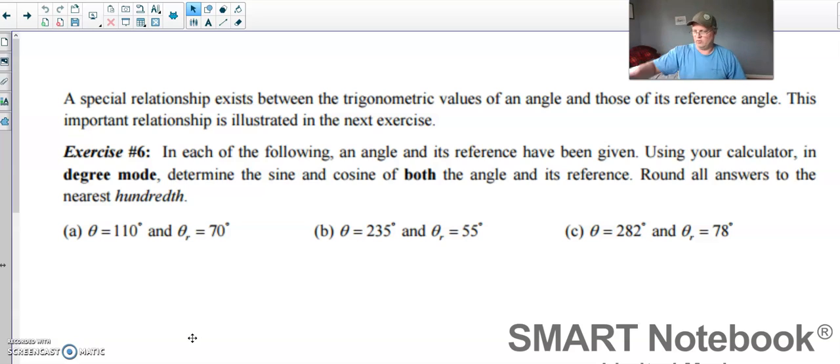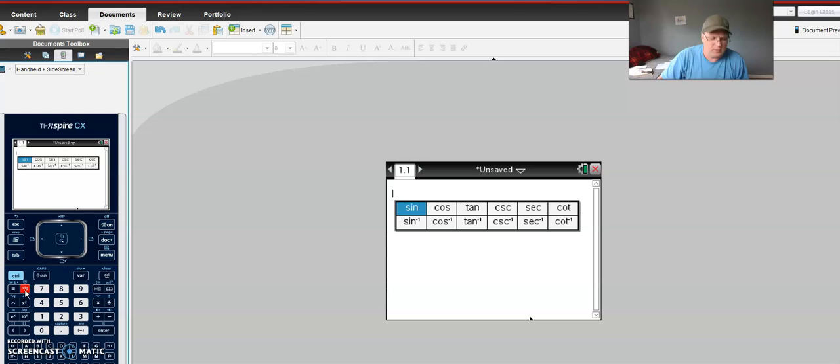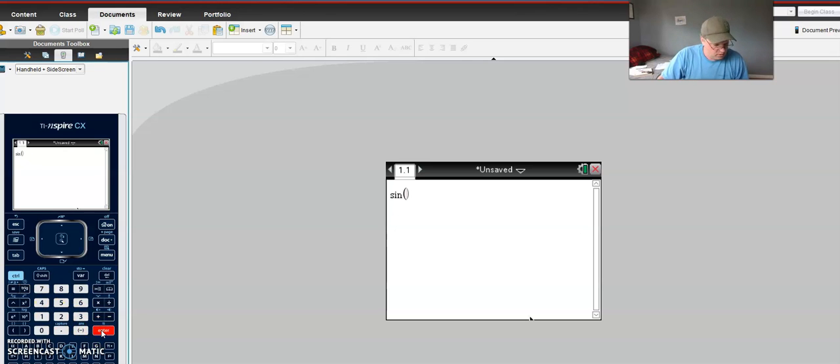All right. Use your phone, or if you have your calculator, the default in your calculator should be in degrees. So if you're using your calculator, remember you go trig button, and we're going to do sine of 110. Enter. Okay, and get the same thing. If you don't, that means that you are in radians.